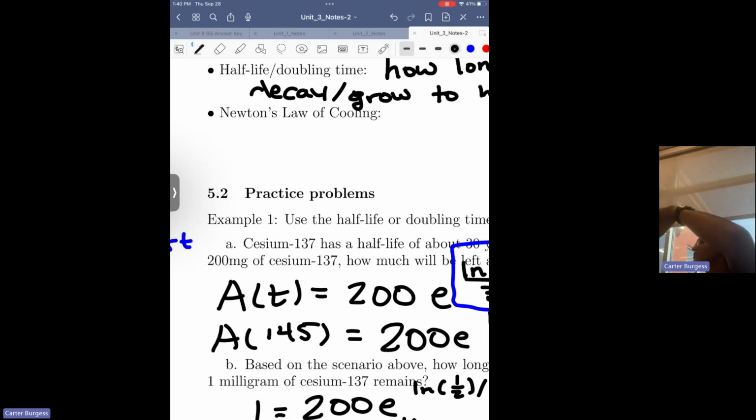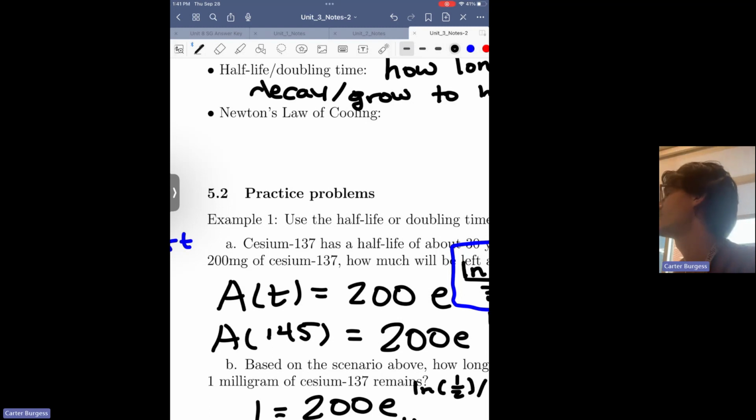We see the temperature starts to approach that surrounding temperature. And it turns out that this process, this temperature change, is exponential. There is an exponential model that works to describe how that temperature is changing for these particular objects. All right, so we're going to explain this as we go.